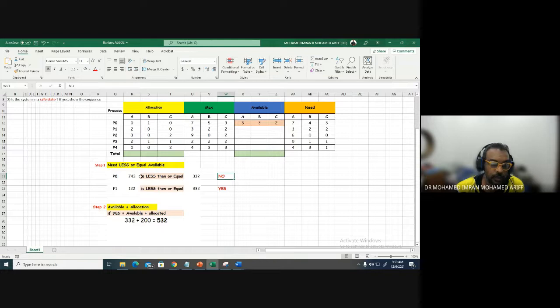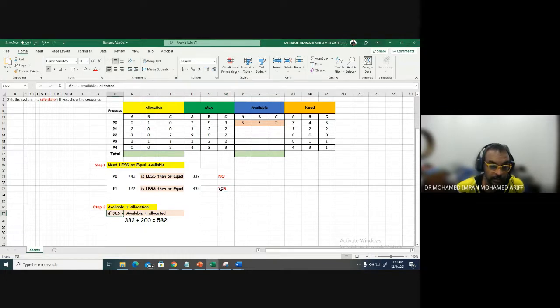This is more. Okay, so tak boleh jalan. P0 tak boleh jalan. Next, we move on to P1. Need dia ialah 122. Is it less or equal to 332? Yes. So we move on to step number 2.